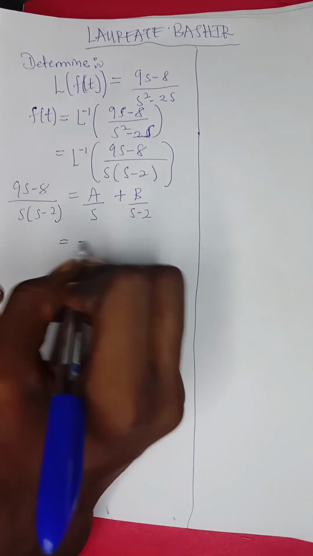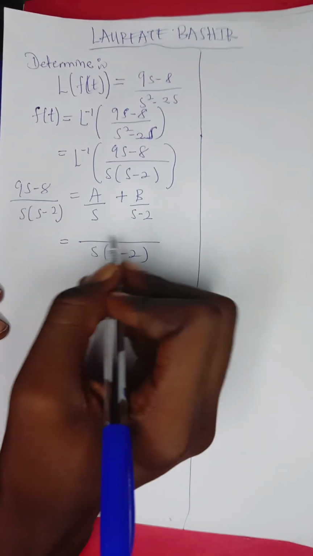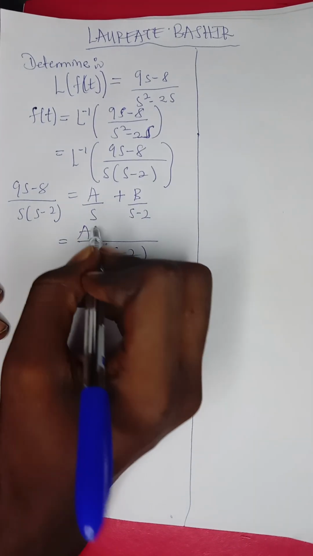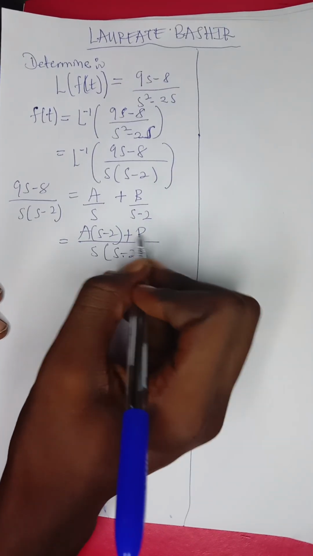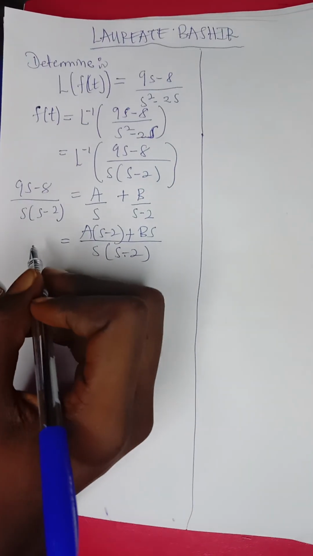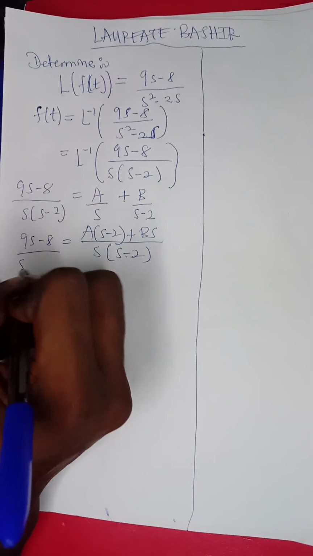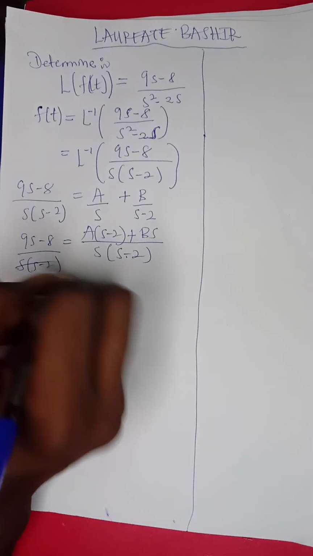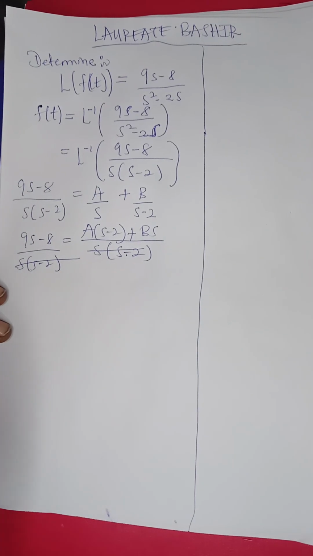The LCM will be s into s minus 2. How many s will you see in s? That's s minus 2. So you have A into s minus 2 plus B into s, and everything equals 9s minus 8 over s into s minus 2. So this cancels this, because they are equal.